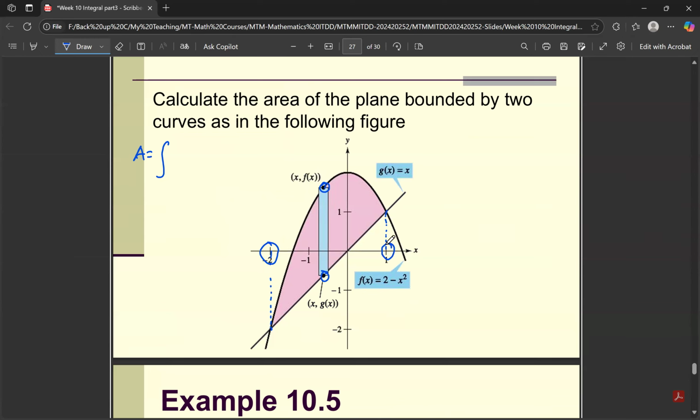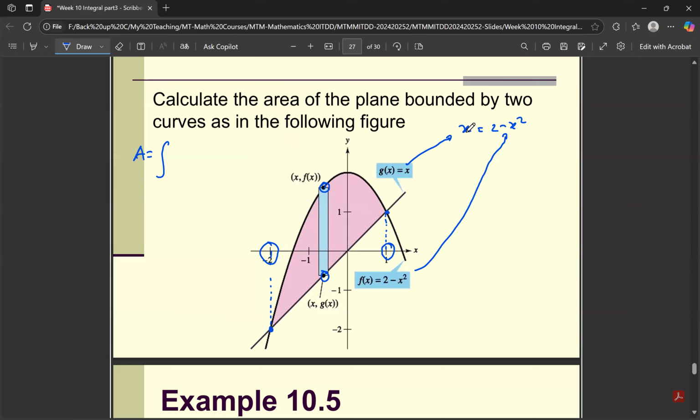We look at the intersection between the two curves, so we can equalize them. y here is equal to f(x) here, so this is 2 minus x squared.